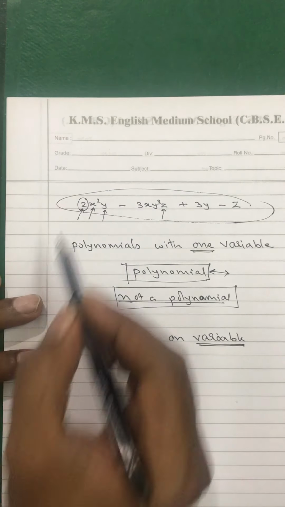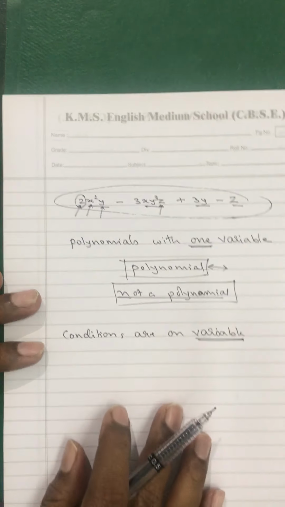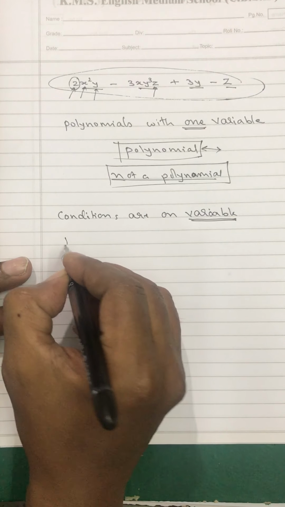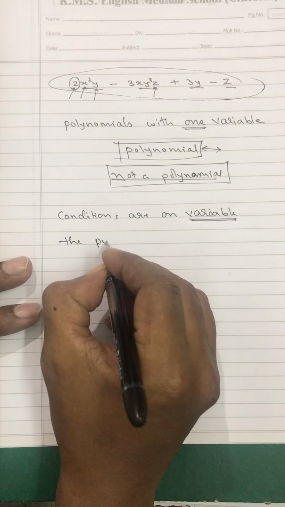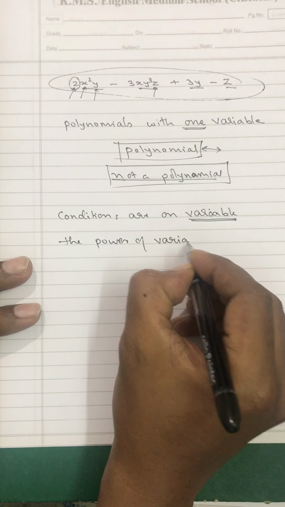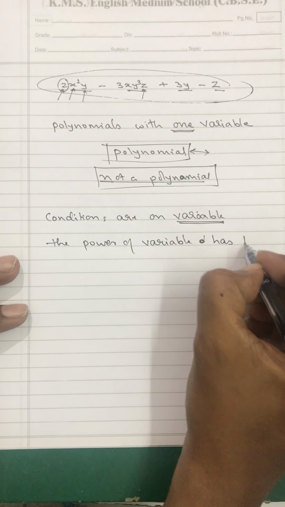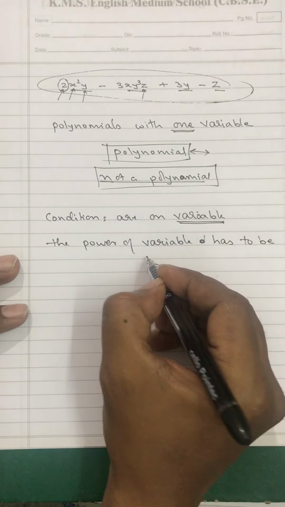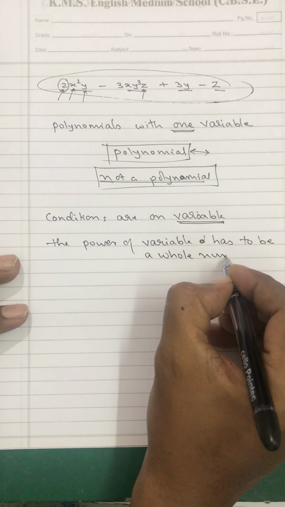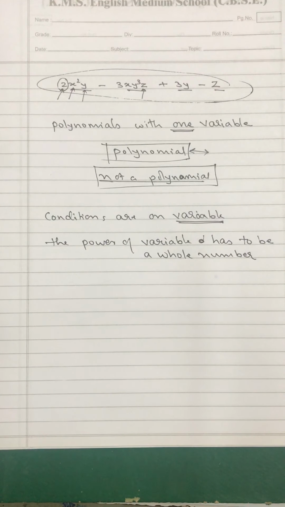You only have to see the variable and compare the variables only. And what is the condition? The condition is that the power of the variable has to be a whole number.